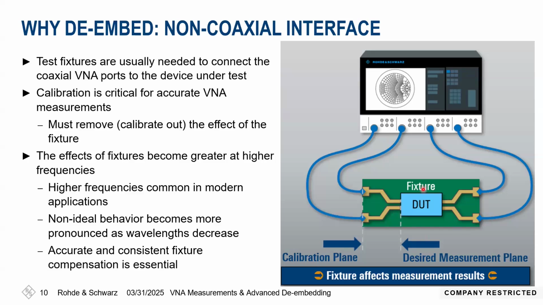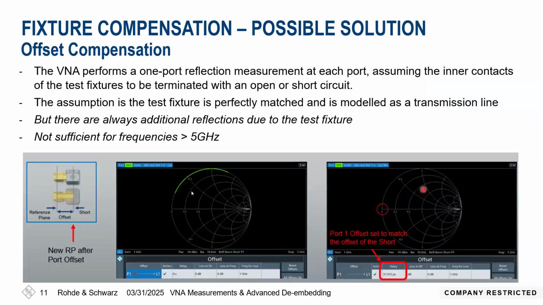For this, there are a couple of different methods available on the vector network analyzers. The first one is commonly known as offset compensation or port expansion. This offset compensation is available as a standard with our R&S VNAs.